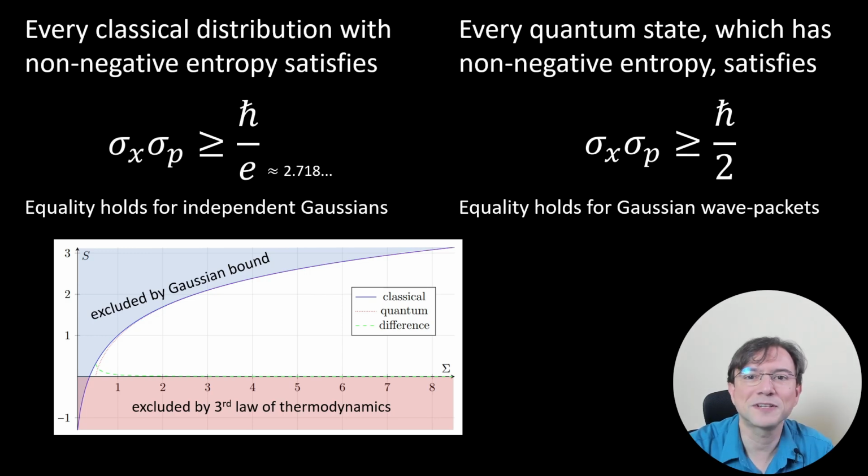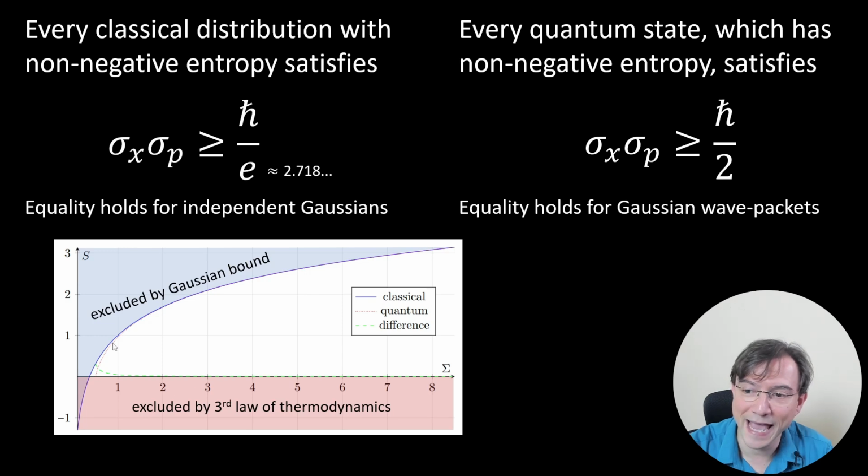To understand this a little bit better, we can look at this plot. On the x-axis, we have the uncertainty measured in units of h bar, and on the vertical axis, we have the entropy. So we have a relationship between the uncertainty and the entropy. And this is the logarithm of the uncertainty.